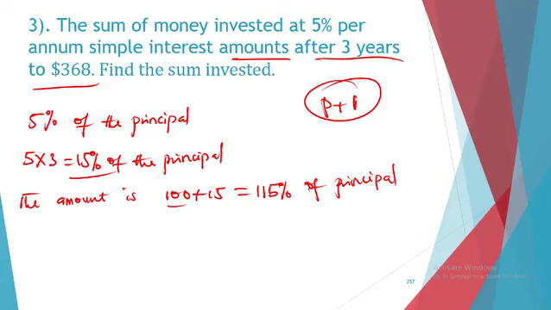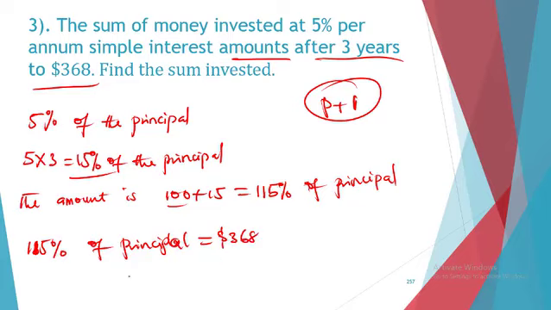And then to find the principal, we'll have 115% of the principal to be 368 US dollars.